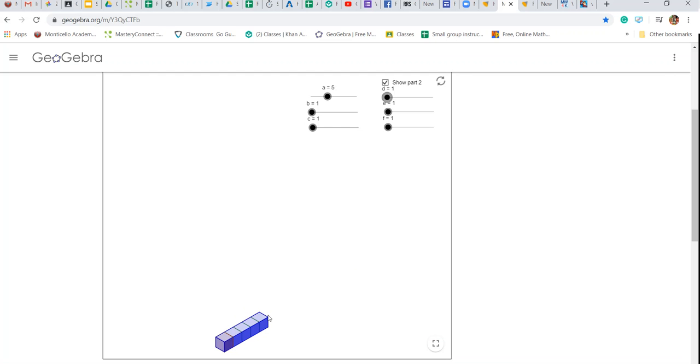So if you want to do groups of 5 for your length, say I want this 5 to be 15. So that's essentially 3 groups of this 5. And same thing, if I want my width to be 2, it'll increase that as well, right?